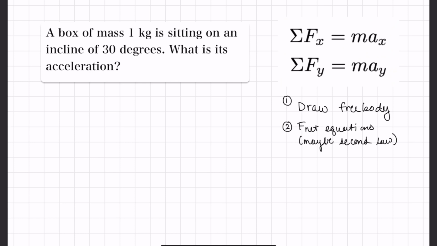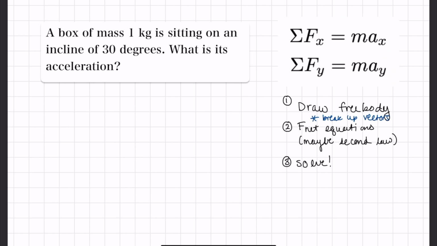And if they're not already broken up, obviously the intermediate step that would go there is that you need to break up the vectors into the components that you're going to sum along. And then usually once you have those F-net equations set up, you're good to go ahead and substitute and solve. Yay!